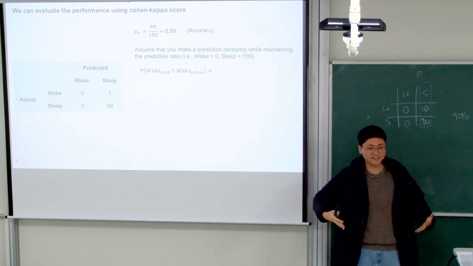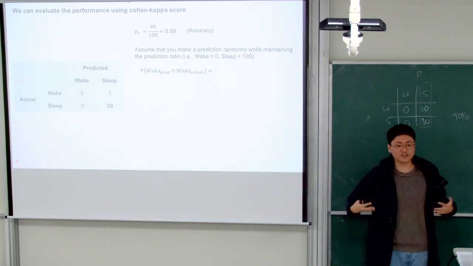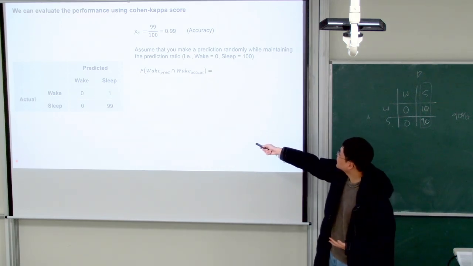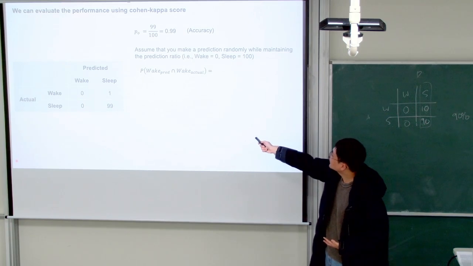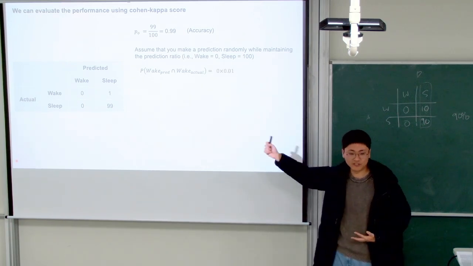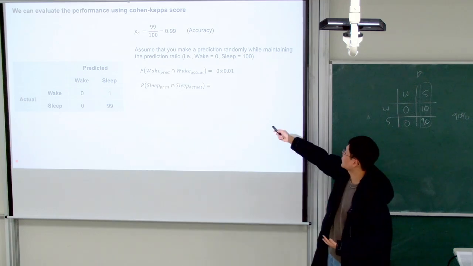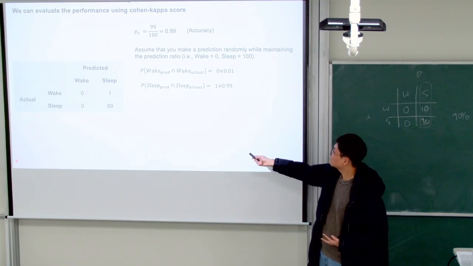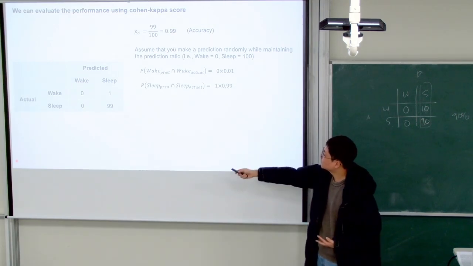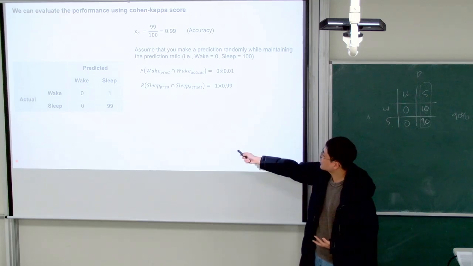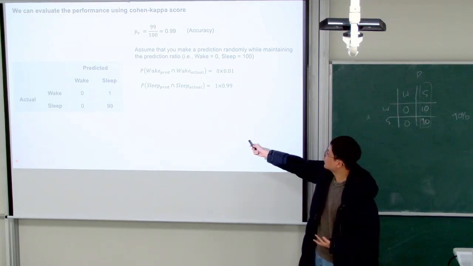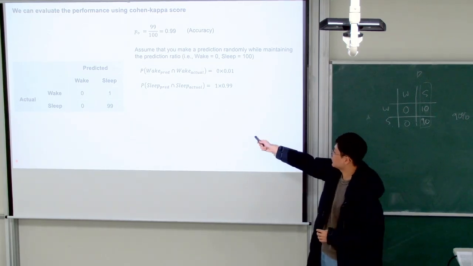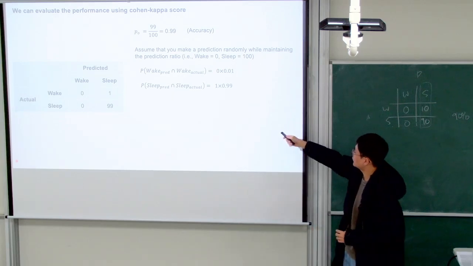Then the probability that we can occasionally get the correct answer would be 0, because we will not give any wake prediction. But for sleep, this probability will be 1, and the probability of being hit is 0.99. So this prediction is 0.99.